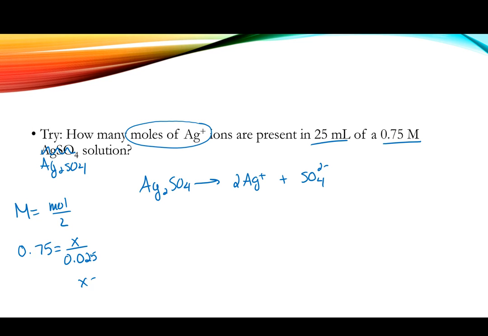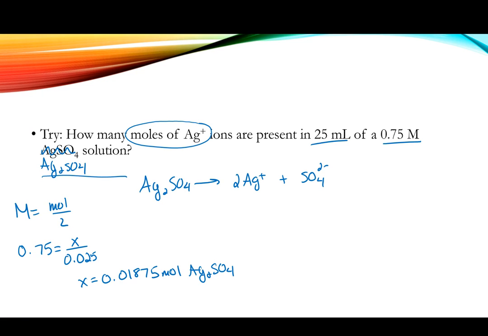So X is going to be 0.01875 moles. And this was 25 milliliters of a 0.75 molar silver sulfate solution. So what I just solved for was moles of silver sulfate.